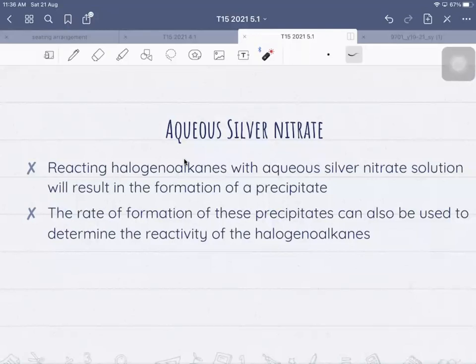But it seems like they have omitted the value for the carbon fluorine, so maybe it's not something that they want us to focus on. I will explain to you in the next session why we use silver nitrate. That's actually a hint. It's something that you have covered in your practical already. Silver nitrate is an important reagent to be used with your halogens or, more importantly, your halide ions.